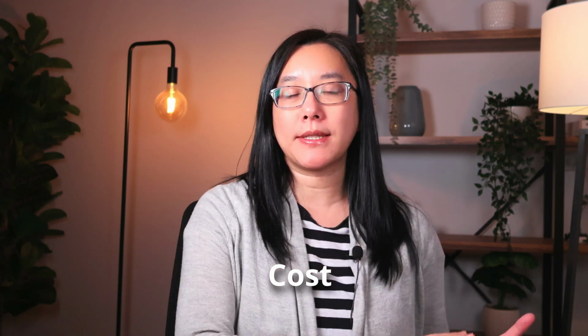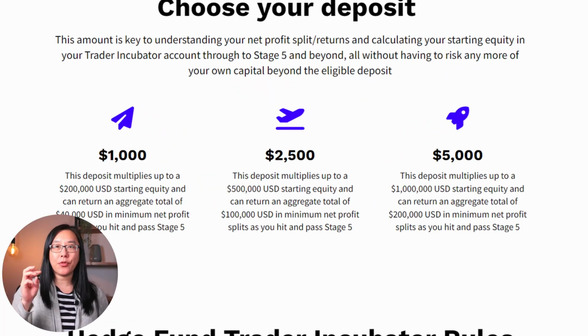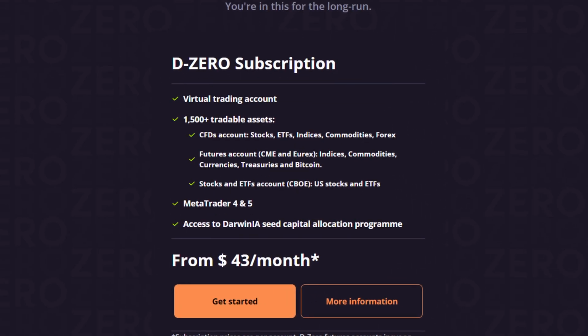Next, we've got cost. So Trading.com has 3 tiers: the 1,000, 2.5k, and 5k. Whereas with Darwinex Classic, you need a minimum of approximately $1,000 to fund your own account in order to qualify for allocation. And Darwinex Zero costs $43 per month. So it will take about 2 years to reach $1,000 if you're paying for Darwinex Zero.